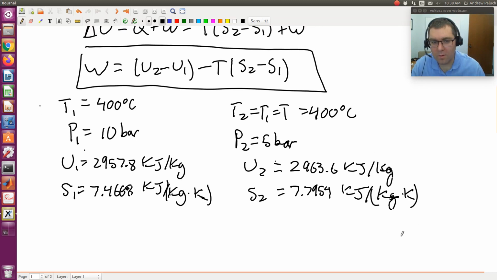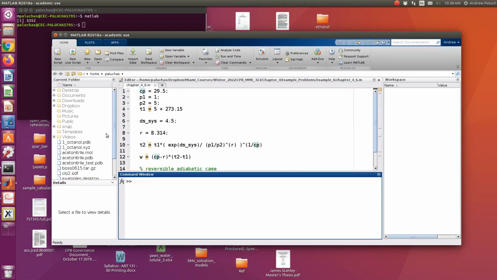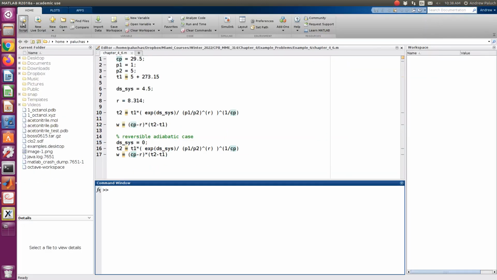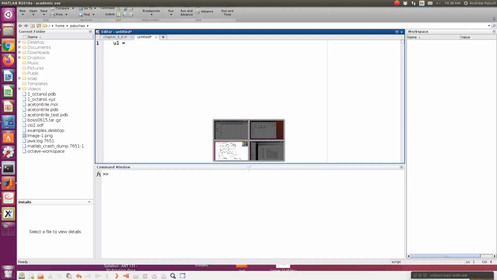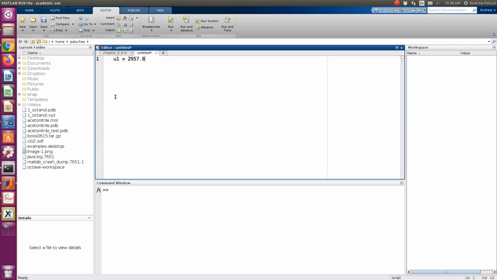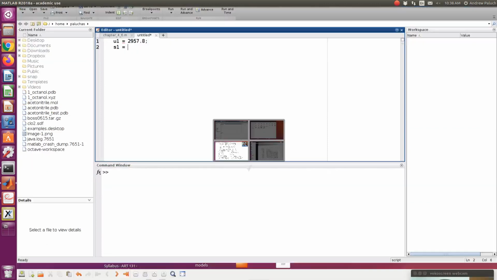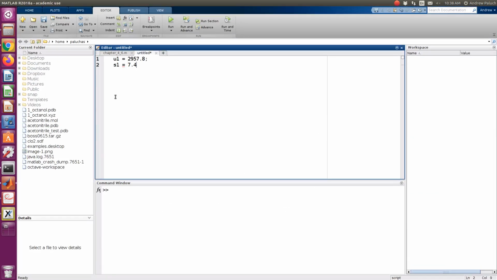All right, so then computing. Okay, so we'll go up to MATLAB. We'll create a new script. And so let's tabulate. So U1 was 2957.8. S1 was equal to 7.4668.